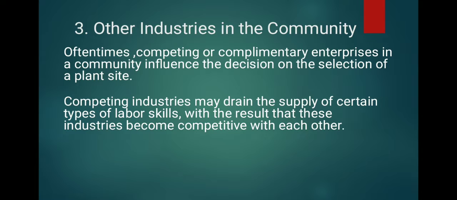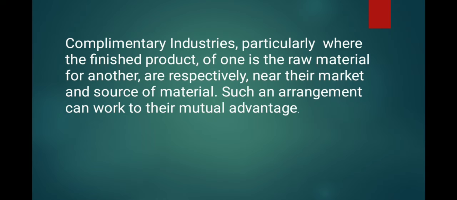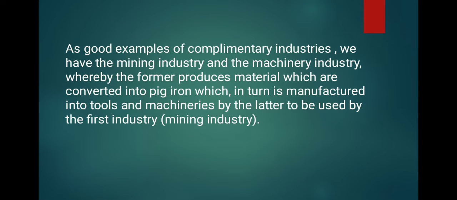Competing industries may drain and supply certain types of labor skills, with the result that these industries become competitive with each other. Complementary industry is where the finished product of one is the raw material for another, or respectively, being near the market and the source of materials, such an arrangement can work to mutual advantage.